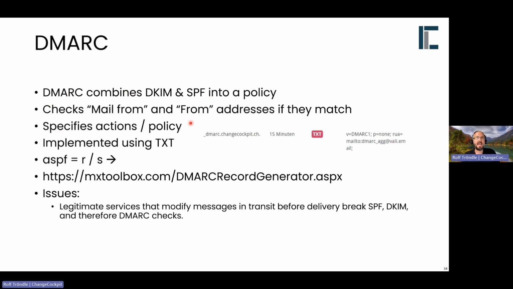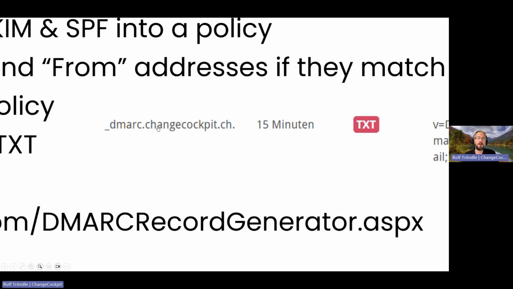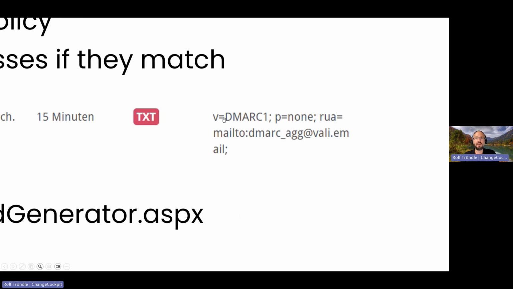It specifies actions and the policy accordingly, and it is implemented again, surprise, using a text record. And this text record would look like this. It's _dmarc.domain, and it will then specify v=DMARC1. That's always the same. Then we have many fields available.